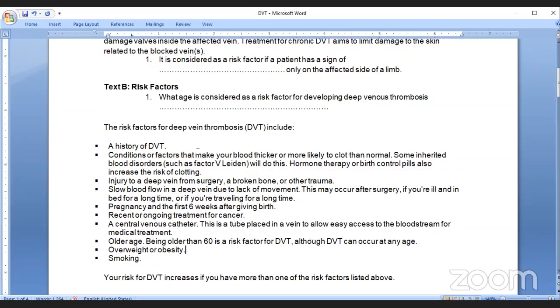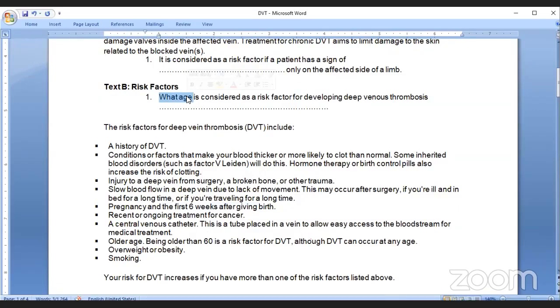Okay, so the answer here is very easy. I am asking for the exact age, not in general. Don't write older age. Older age is not an exact age. Don't write any age.